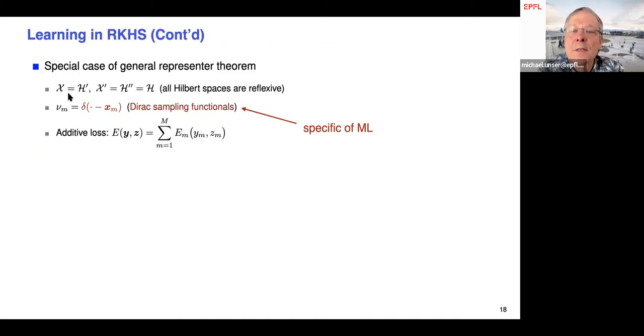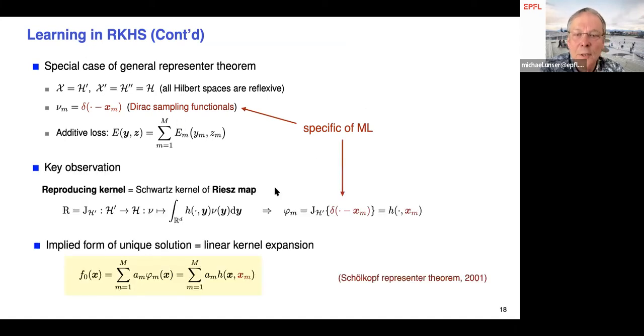In this case, X is the conjugate of the Hilbert space, X prime is the double dual, so it's our Hilbert space. The mu's are the Diracs. The loss is additive. And so the mu's being the Diracs is very specific to machine learning.